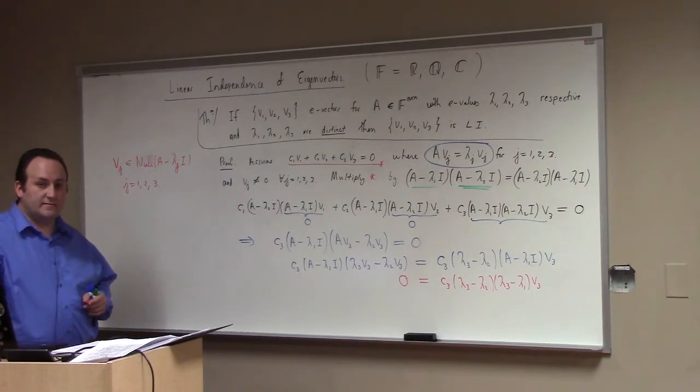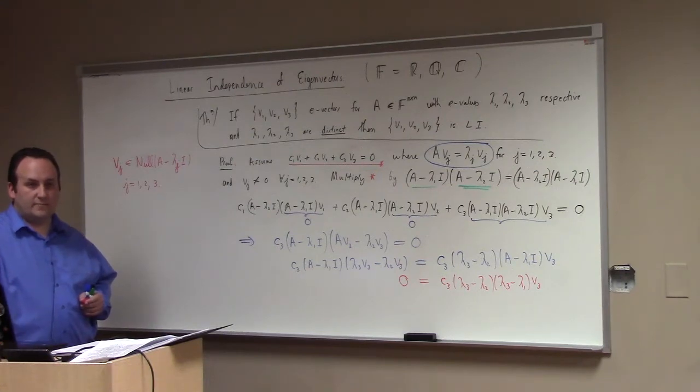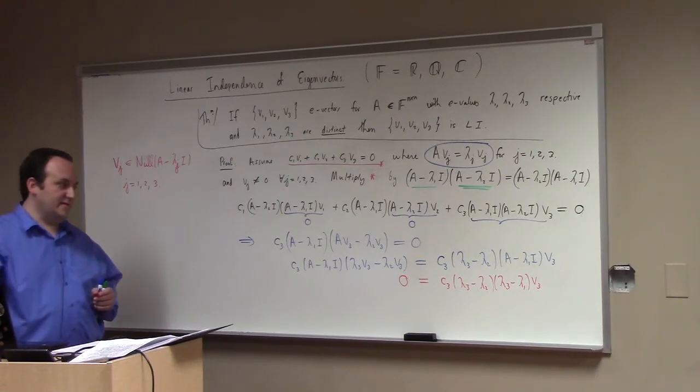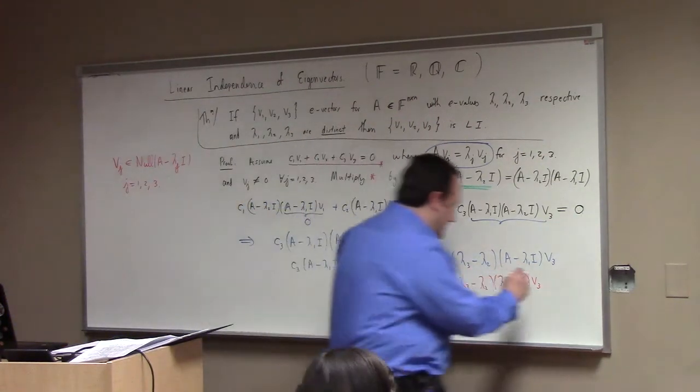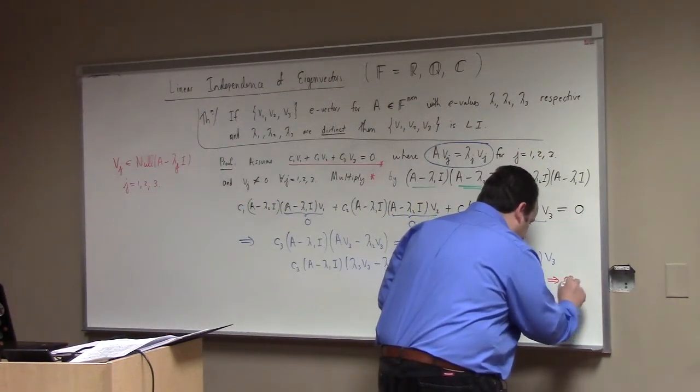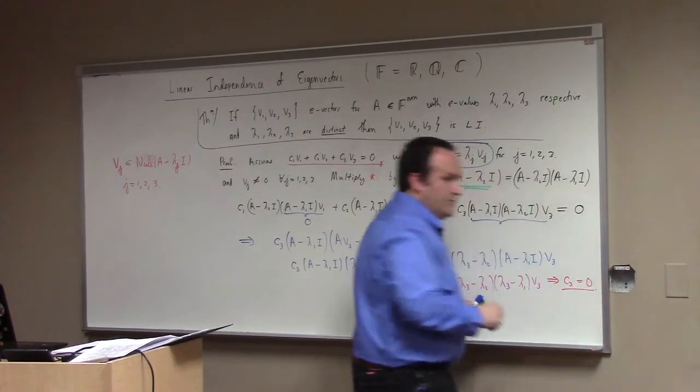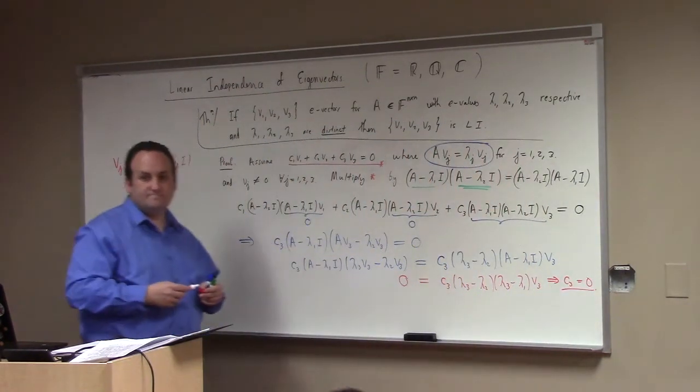They are distinct. What does that mean? That means that their differences are not 0. So we have c3 times a non-zero number times another non-zero number times a vector v3, which is by assumption non-zero. This implies then that c3 is equal to 0. One down, two to go.